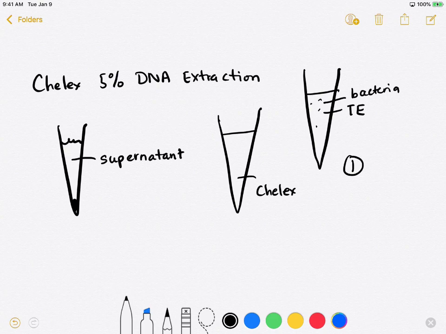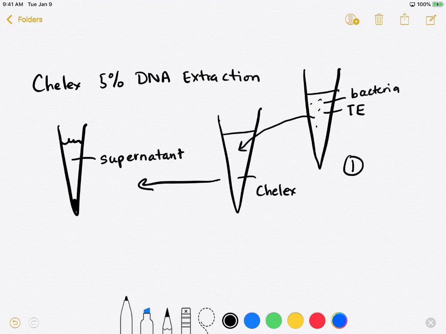From here, you took the bacteria TE mixture and added it to a tube containing Cellulase. Cellulase is a way of binding to things other than the DNA. You then heated this, mixed it, and then took this Cellulase bacteria TE sample and spun it quite fast, 13,000 RPM for 90 seconds.